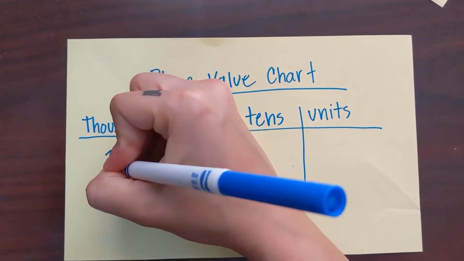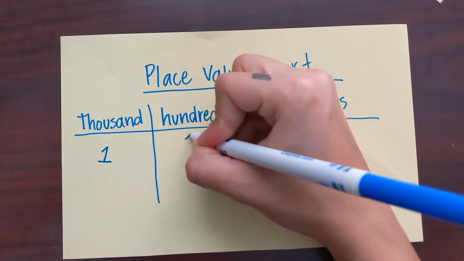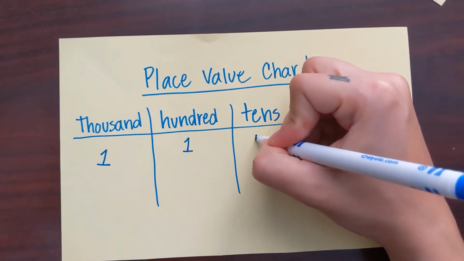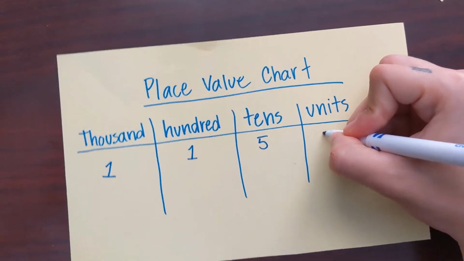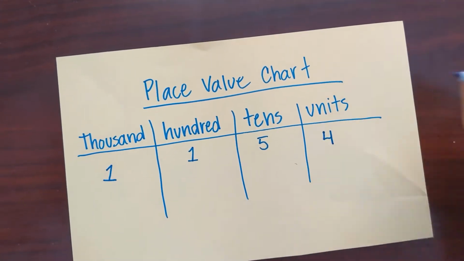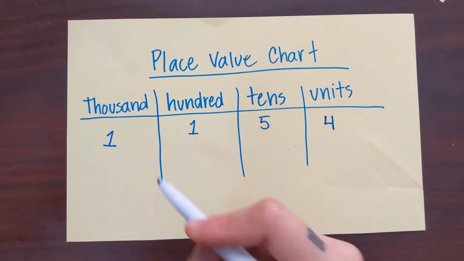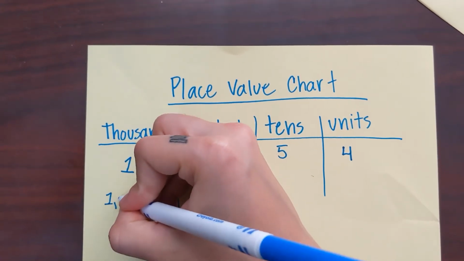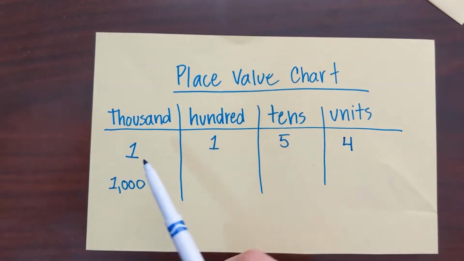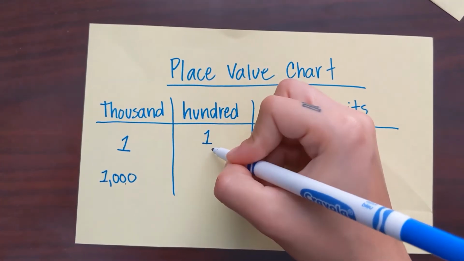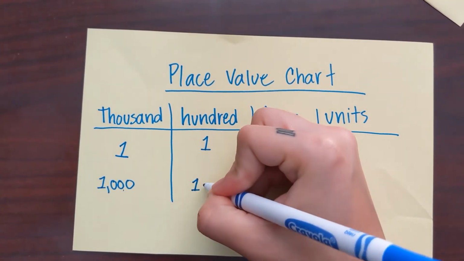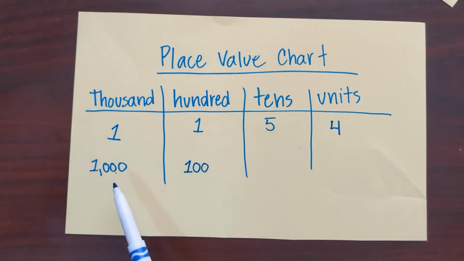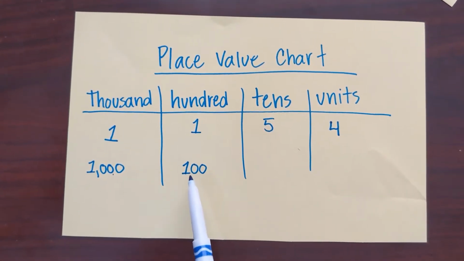So for example, if I have 1,154, right? This one is worth 1,000. And 1,000 is way more than just this 100. So there is a big difference in the value, right?